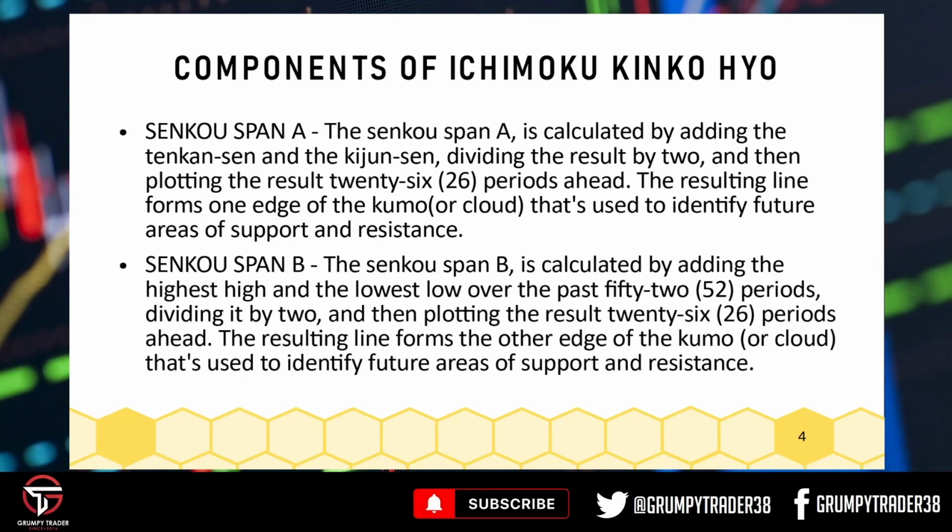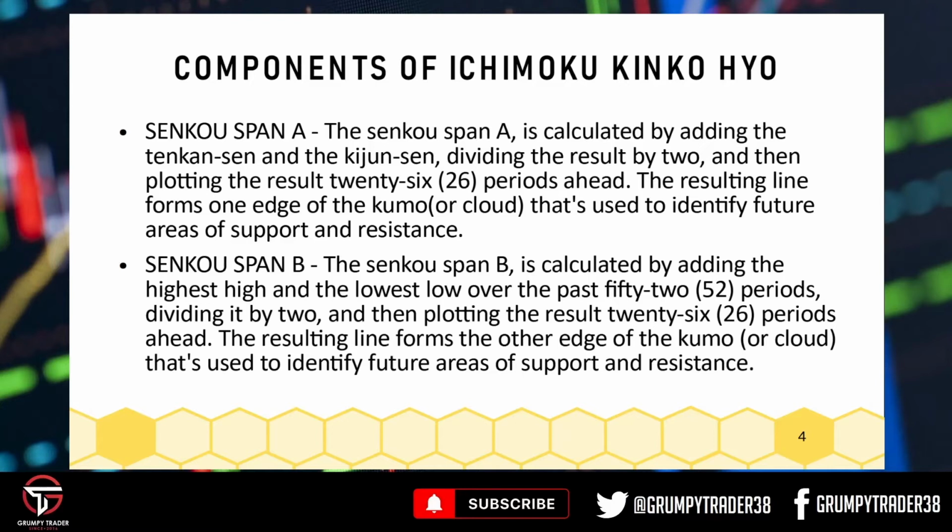The Senko Span B is calculated by adding the highest high and the lowest low over the past 52 periods, dividing it by 2, and then plotting the result 26 periods ahead. So, kasabay nung Senko Span A, no? The resulting line forms the outer edge of the kumo. That's used to identify future areas of support and resistance.